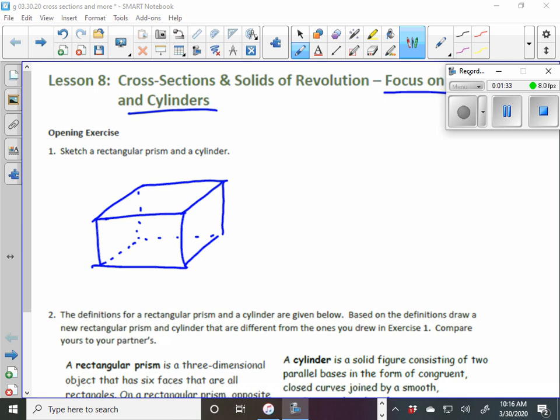The cylinder can be done in a couple of different ways. It's probably easiest to start with the top circle drawn as an oval, and then depending on how big you want it, the bottom circle with the top part of it dotted, and you end up with a cylinder. Somewhere, whether it's on the top or the bottom, you're going to draw the radius, whatever the radius is, and work from there.